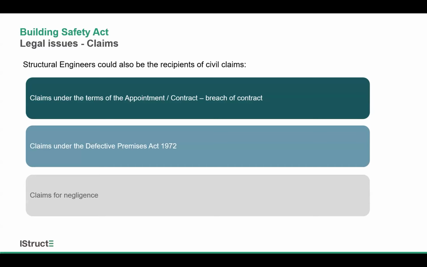For structural engineers to mitigate these risks associated with the Building Safety Act, it's crucial to prioritise early engagement with the project team to understand what role you're to undertake, to invest in robust design processes, to ensure clear communication and documentation throughout the project lifecycle, and for that communication and documentation to be kept, and also to identify when higher risk building work is to be undertaken, and implementing effective risk management strategies, and generally fostering a culture of safety accountability within the team.